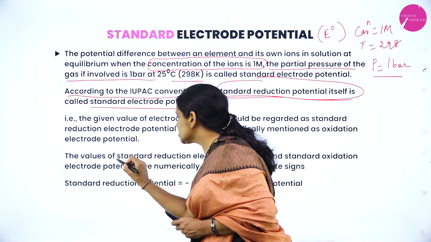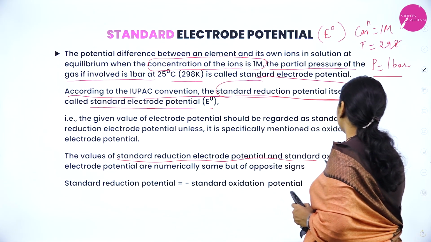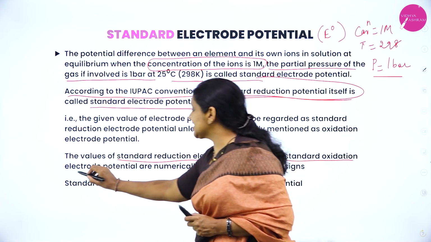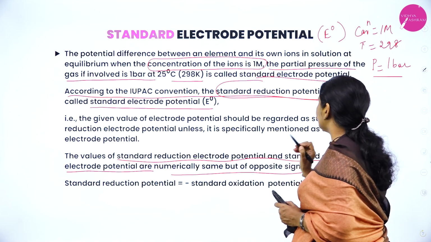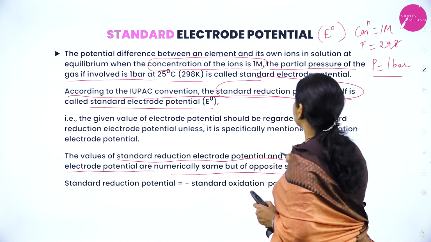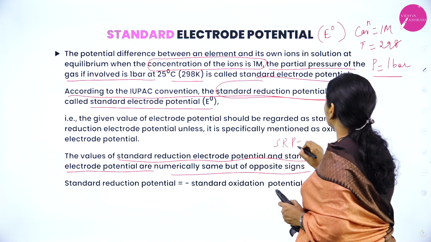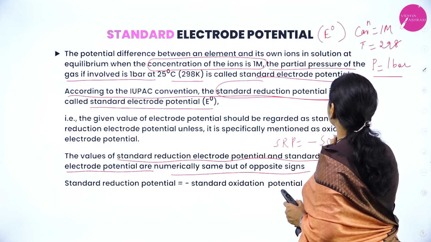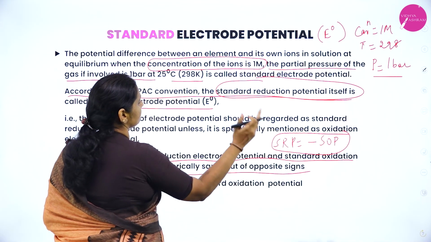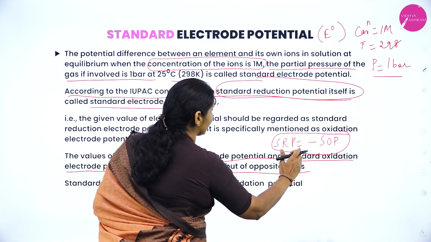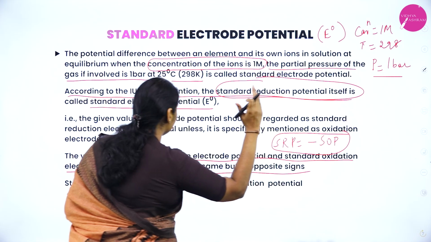So, the values of standard reduction potential as well as standard oxidation electrode potential are numerically same but of opposite sign. That is, SRP is equal to minus SOP. Standard reduction potential is equal to minus standard oxidation potential.